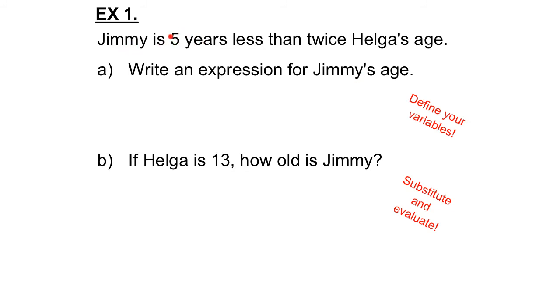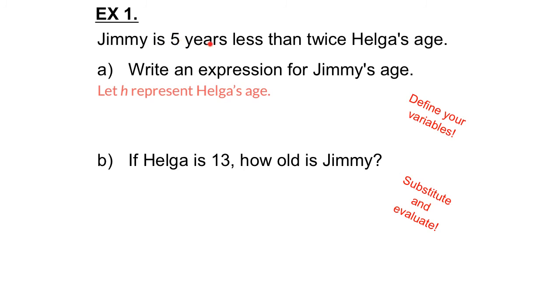Well, Jimmy's age is given as a relationship to Helga's age, but we're not told what Helga's age is. So we can say Helga's age is our variable. So I'm going to say, let H represent Helga's age. And now I can write an expression for Jimmy's age.